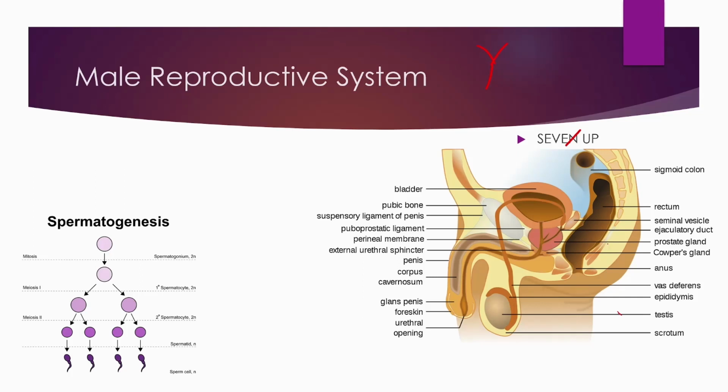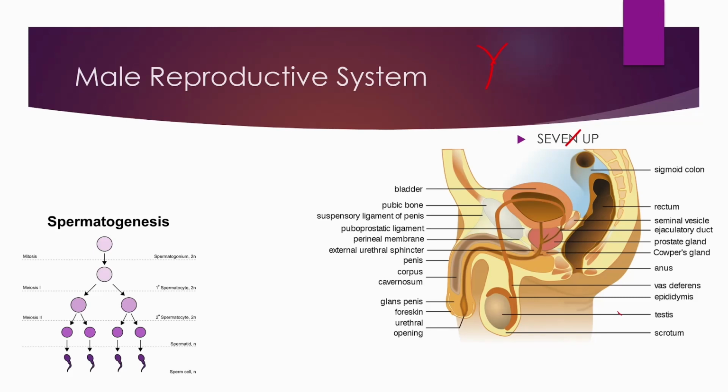That being said, let's jump into the process of spermatogenesis. The formation of haploid cells through meiosis. In males, diploid stem cells are known as spermatogonia, and after replicating their genetic material in the S stage, they will develop into diploid primary spermatocytes.